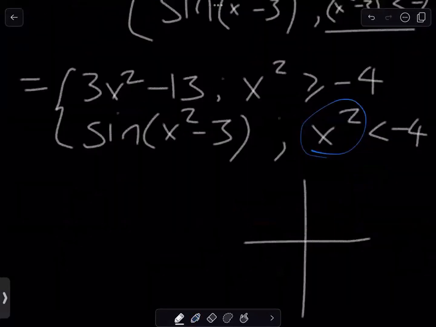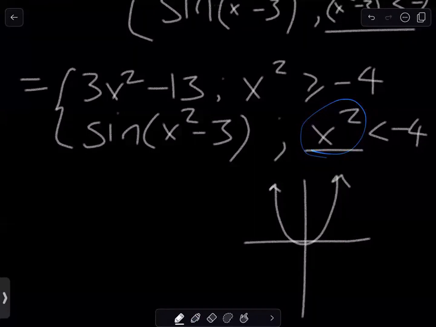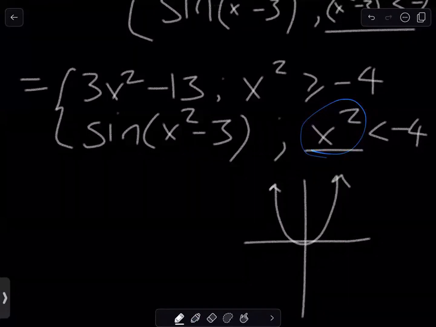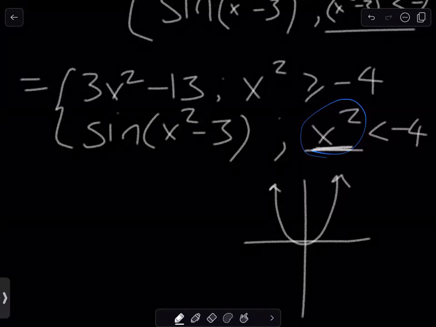It looks like so. Okay, this value here is always going to be either 0 if you insert x equal to 0, or positive. Ask yourself, what x value can you insert into x squared that will make the output less than minus 4? Just think about that for a moment. There's no such x value that you can insert into this that will cause it to be less than minus 4.